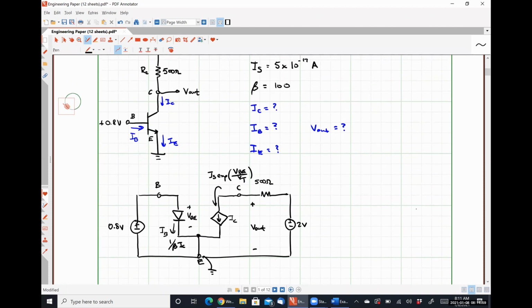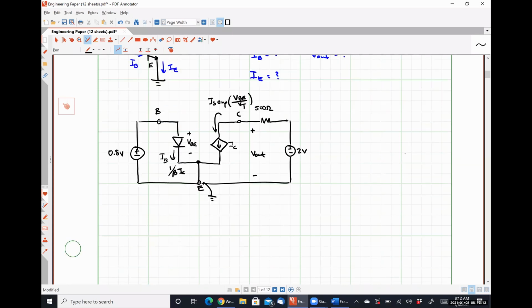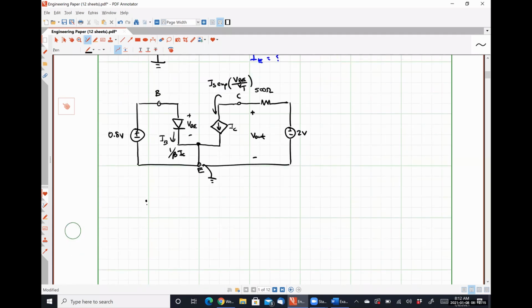So how can I calculate IC, IB, IE, or V out? Anybody got any thoughts? Seems reasonable. All right, so we can say IC is simply IS, which is given to us, times exp of VBE, which is given to us, divided by our thermal voltage, assuming an operating temperature of 300 Kelvin.